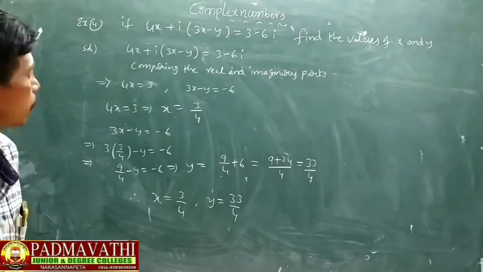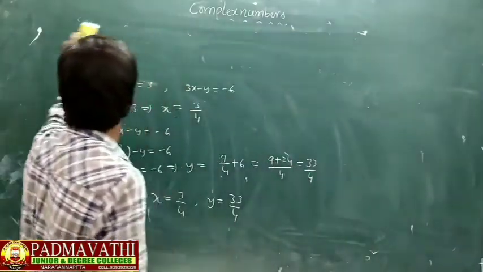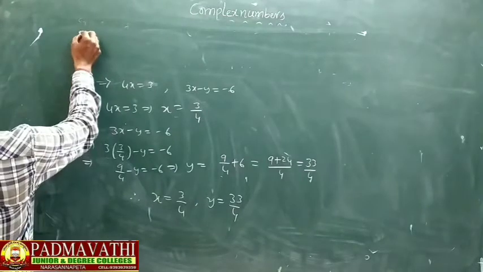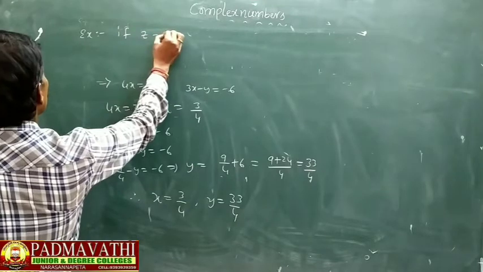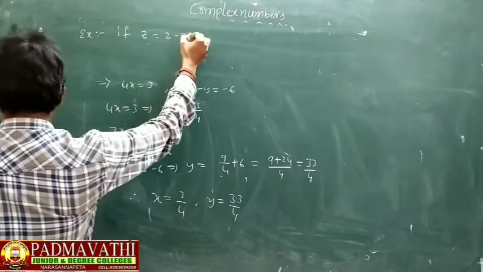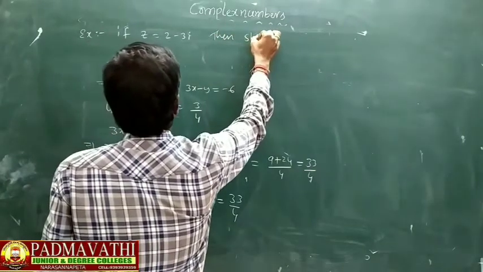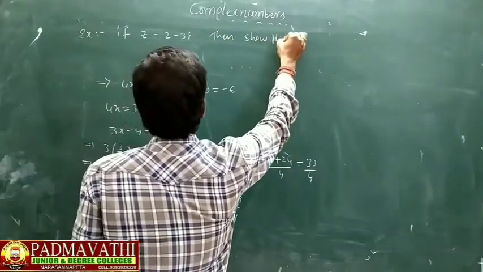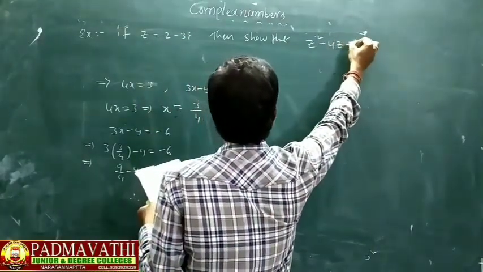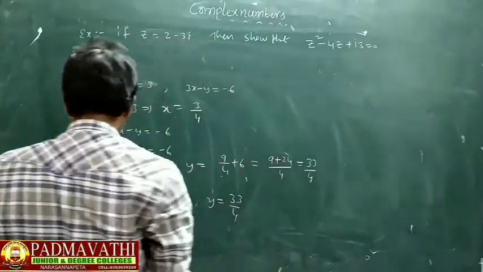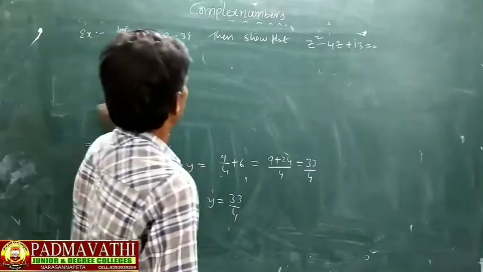Now, another example. If z equals 2 minus 3i, then show that z square minus 4z plus 13 equals 0.